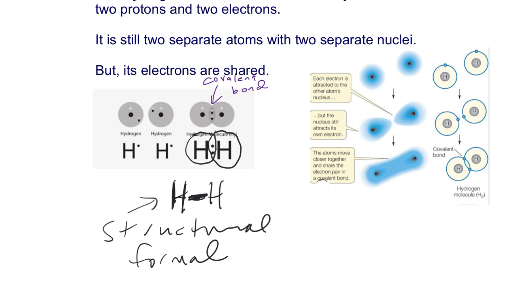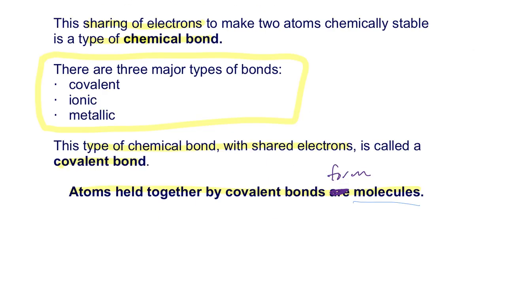Right here, this is called the Lewis dot diagram, or just plain Lewis diagram. So when electrons are shared to form a chemical bond, this is called a covalent bond, as they said right here.